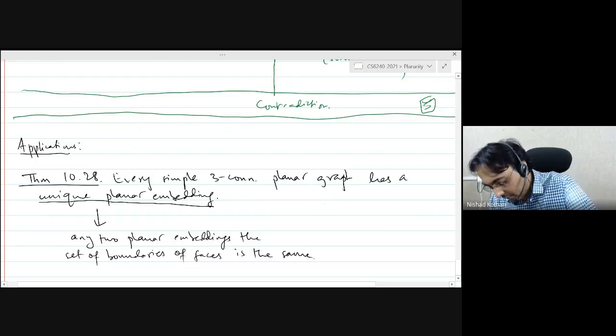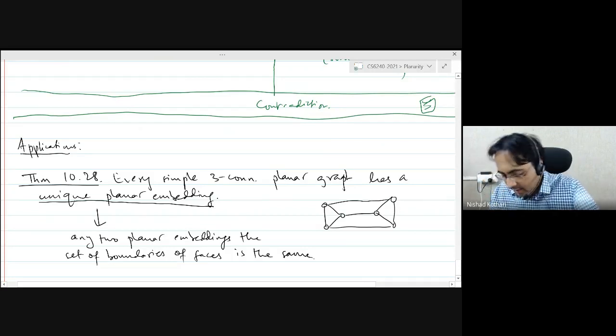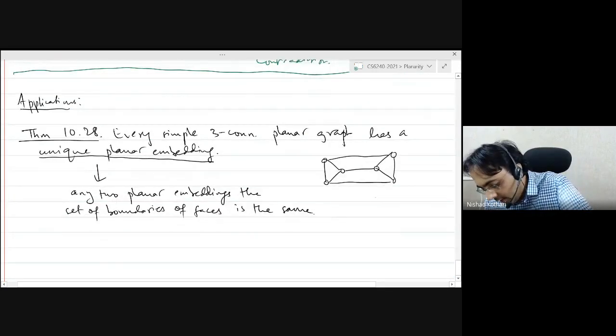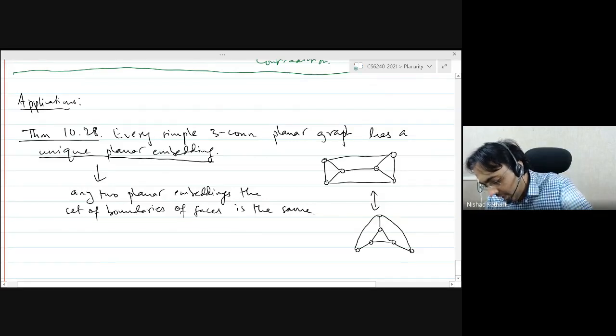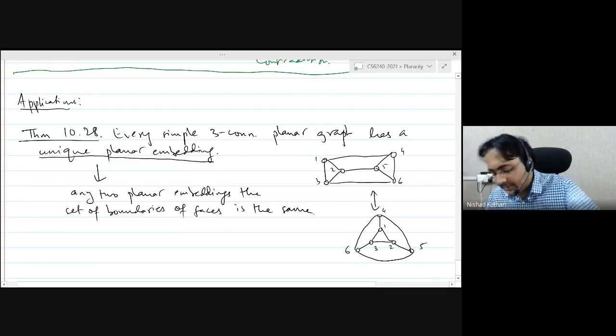To give you an example that I probably gave you earlier, you can take this graph and draw it in a way that looks in some sense different, but in reality it is the same drawing, in the sense that if you were to label the vertices 1, 2, 3, 4, 5, 6, then the face boundaries will be exactly the same for both drawings.